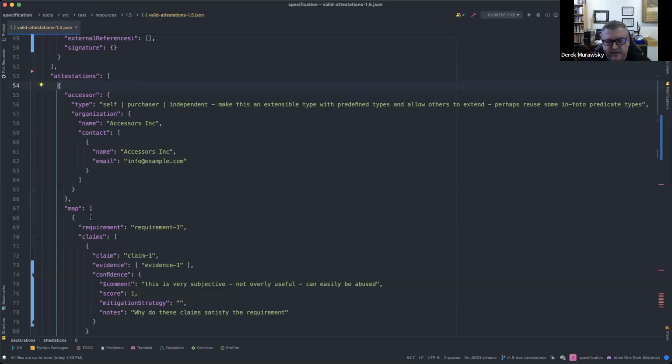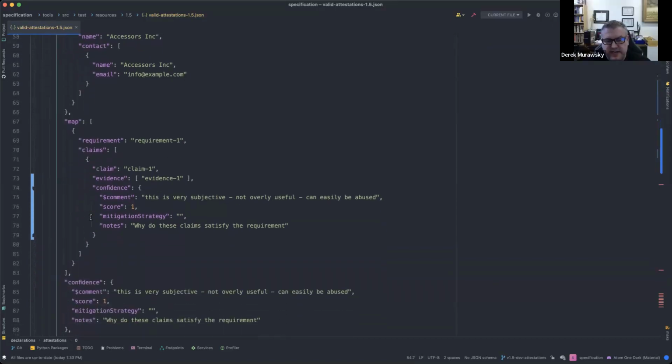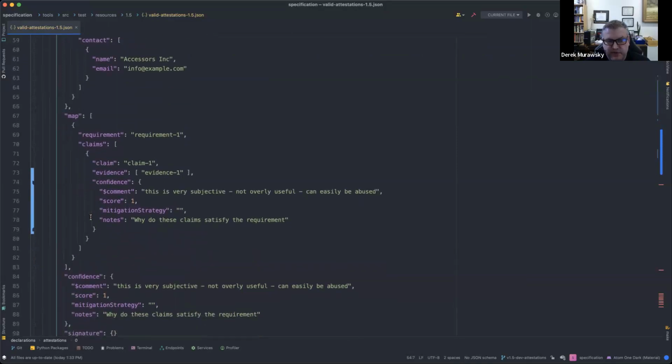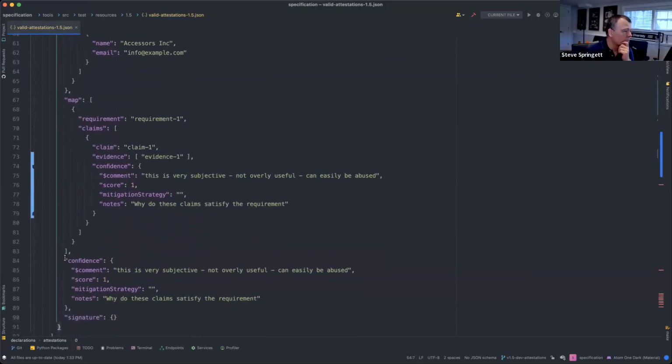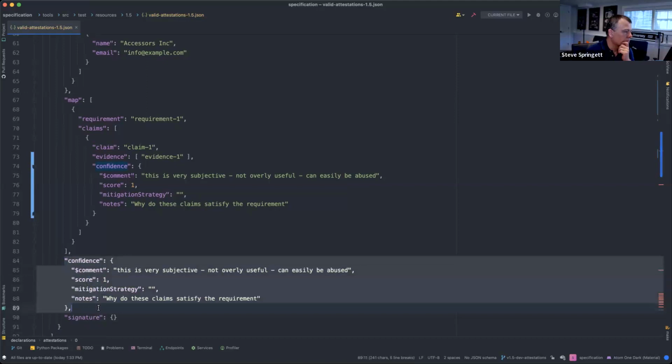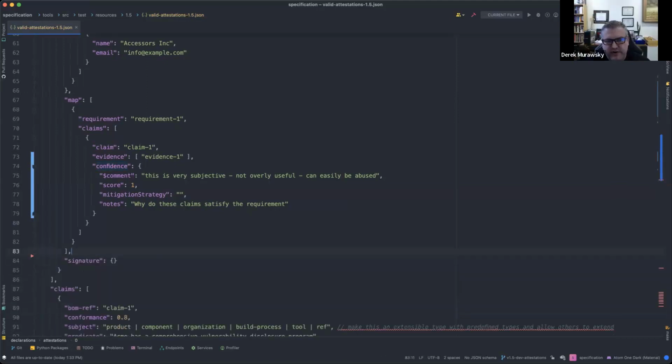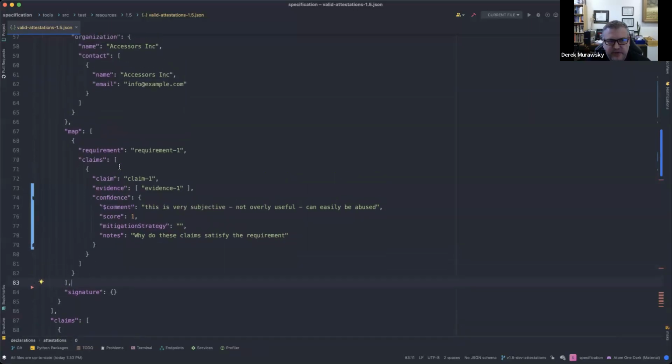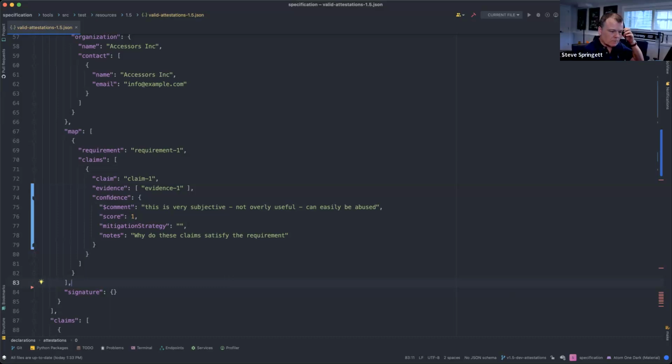I think in this instance it actually makes a good amount of sense for it to be a blob of text, because now if it's in here, it's much more narrowly scoped to just this particular claim, which is a claim to map to a requirement. So to me it makes more sense to have this just be free-form text.